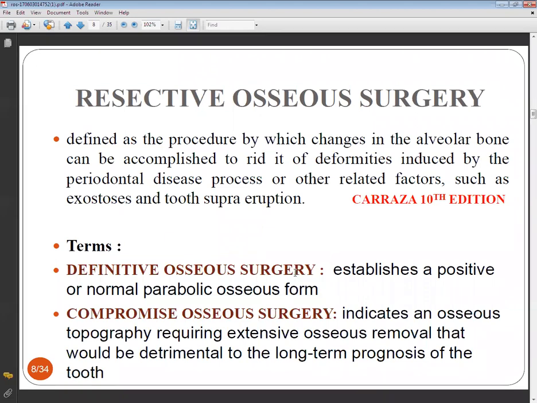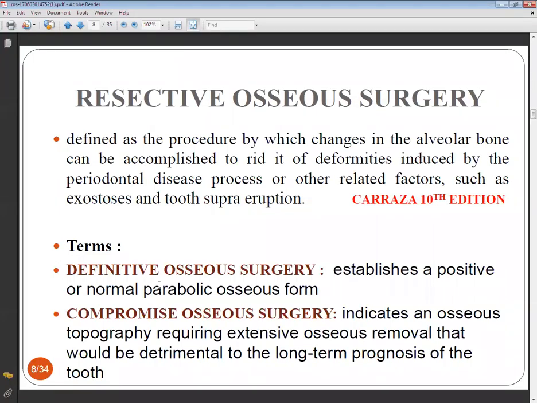Once again, I'll define resective osseous surgery. Resective osseous surgery is a surgical procedure by which changes in alveolar bone can be accomplished to get rid of the deformities which are induced by periodontal disease. There are two types: definitive resective osseous surgery and compromise osseous surgery.